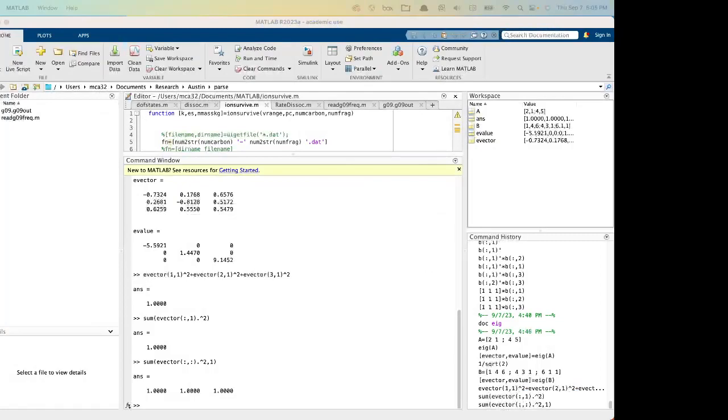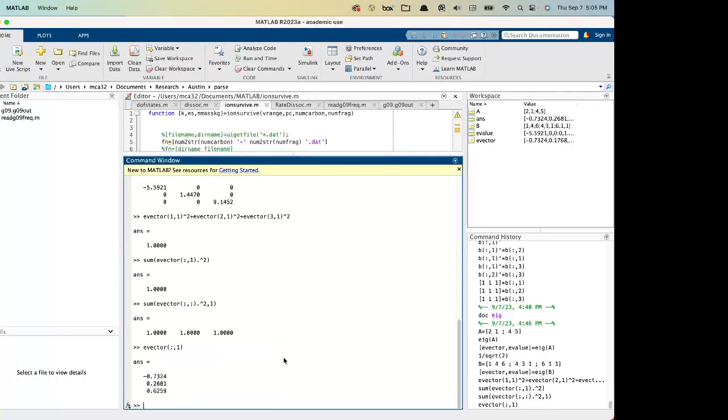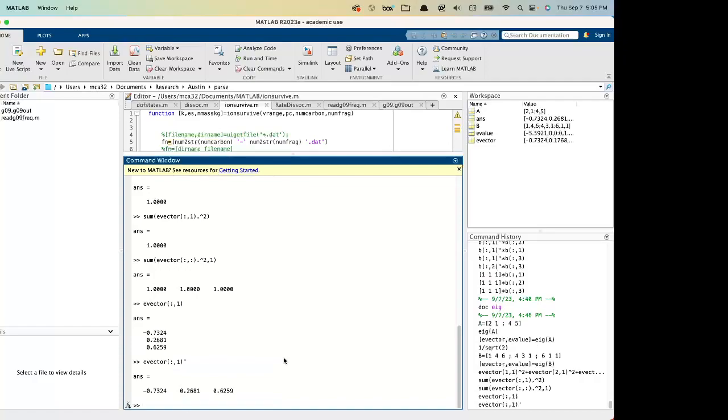Switching back here, we can now look at E vector, there's my first eigenvector. But in order to do my dot product, I need a row vector times a column vector. How do I turn a column vector into a row vector? I simply put a single tick afterwards, and that will give me a row vector.